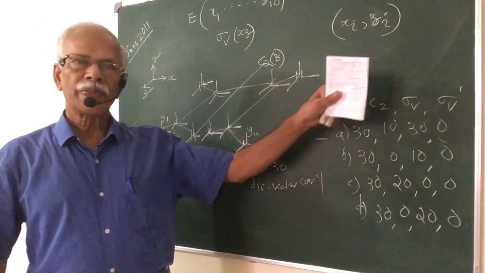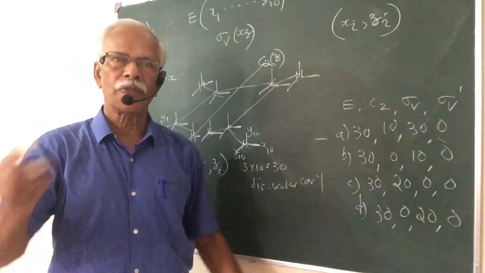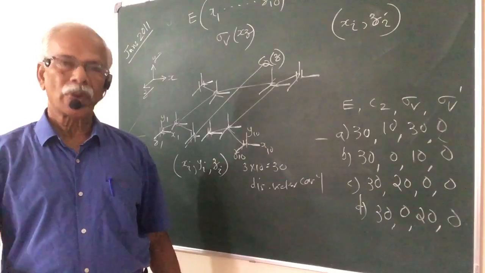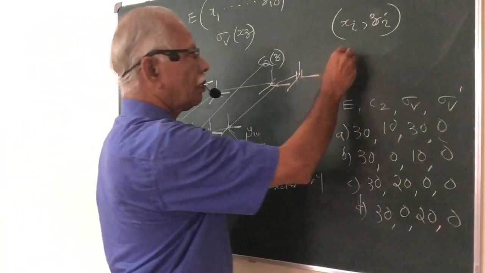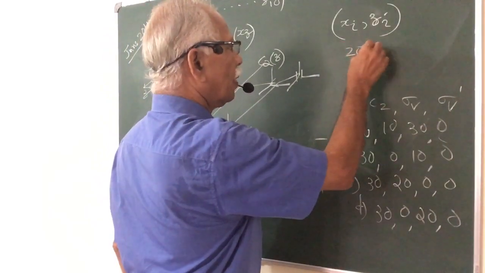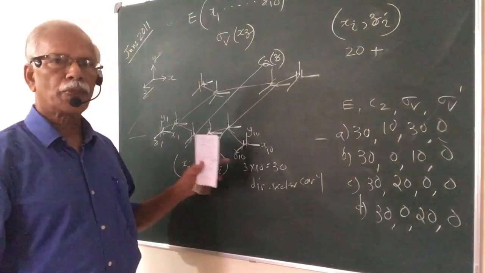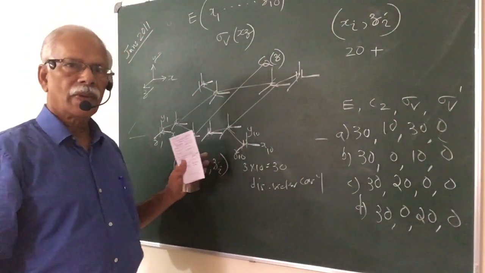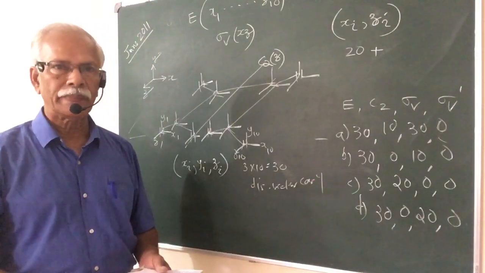That means for every atom, character is 1 plus 1, 2, and from 10 atoms, 10 into 2, there is a contribution of 20 from the x and z components of displacement vectors from all the 10 atoms of cis-butadiene.